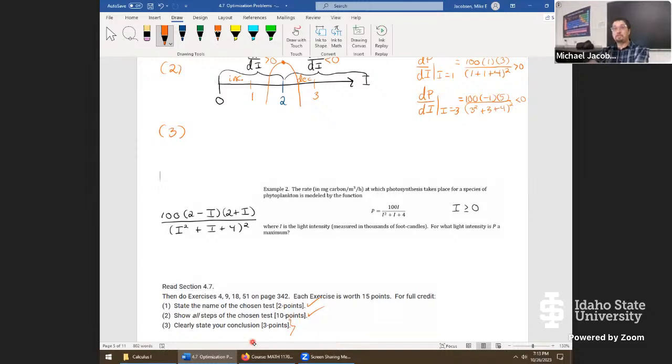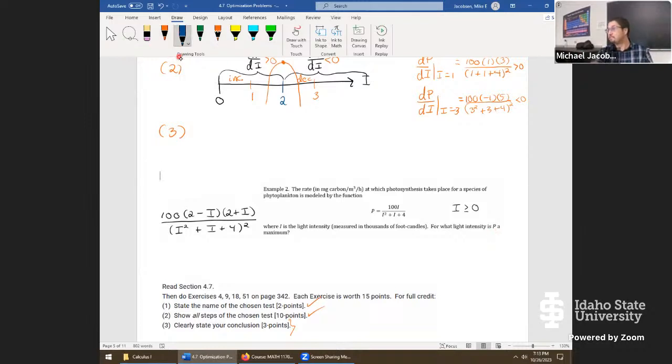Now the conclusion is sometimes tricky because here it says, for what light intensity is P a maximum? They're not asking for the maximum of P, they're asking for I itself. In other words, the lab technician just wants to know what to tune the lamps to. He's not too worried about how much photosynthesis is going to take place.